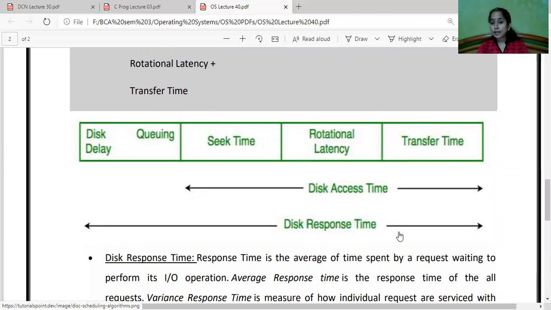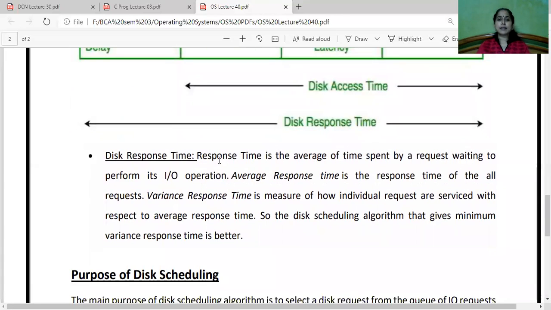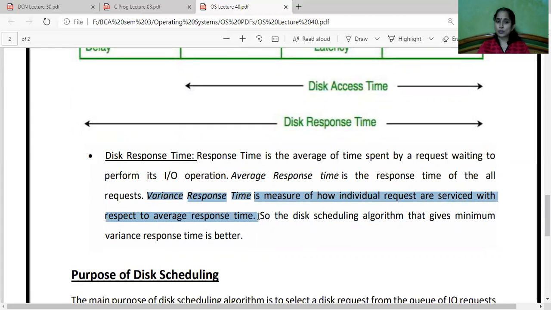And what is disk response time? This is the delay incurred in queuing. When many requests come in together, they form a disk queue. Okay, an input-output queue is formed. So adding the waiting time in the queue to the disk access time becomes the disk response time. Disk response time is the average time spent by a request waiting to perform its input-output operation. Okay, average response time is the response time of all the requests. Variance response time measures how individual requests are serviced with respect to average response time.